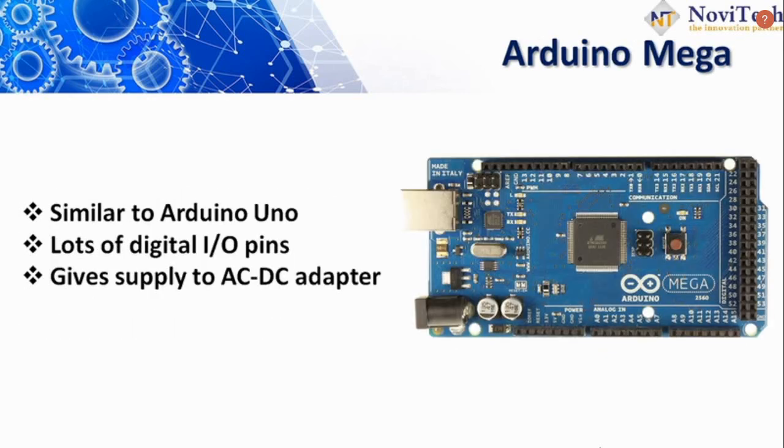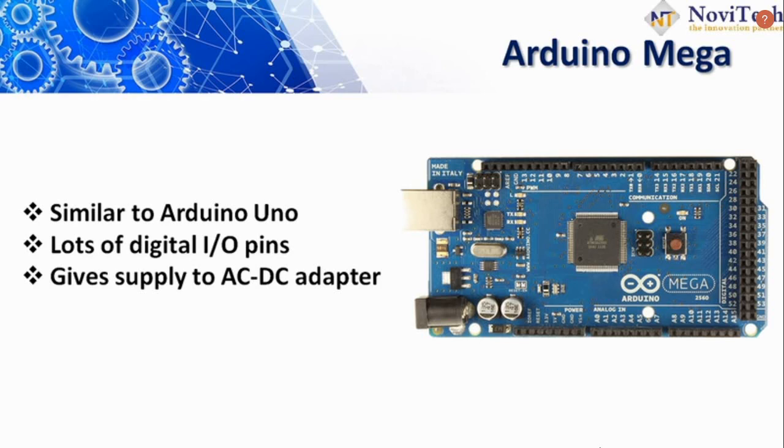Next, let's move into Arduino Mega board. The Arduino Mega is similar to the UNO's big brother. It includes lots of digital I/O pins. From that, 14 pins can be used as PWM pins, which is pulse width modulation.